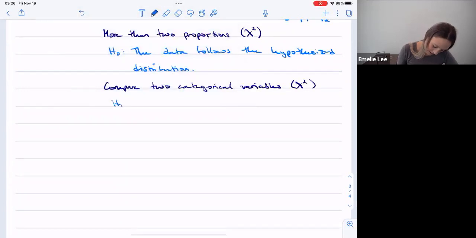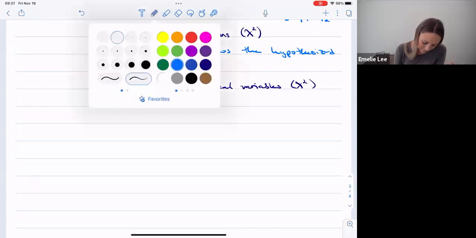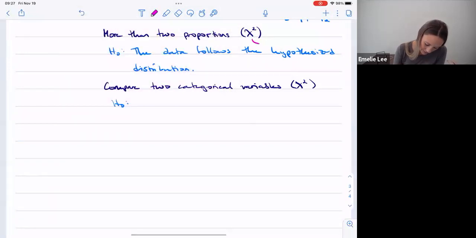And we said the null hypothesis is that variable 1 is independent of variable 2. So now it's a test of independence. We can still do a test of independence here, but then the independent distribution would be the hypothesized distribution. So in general, we call this a goodness of fit test.